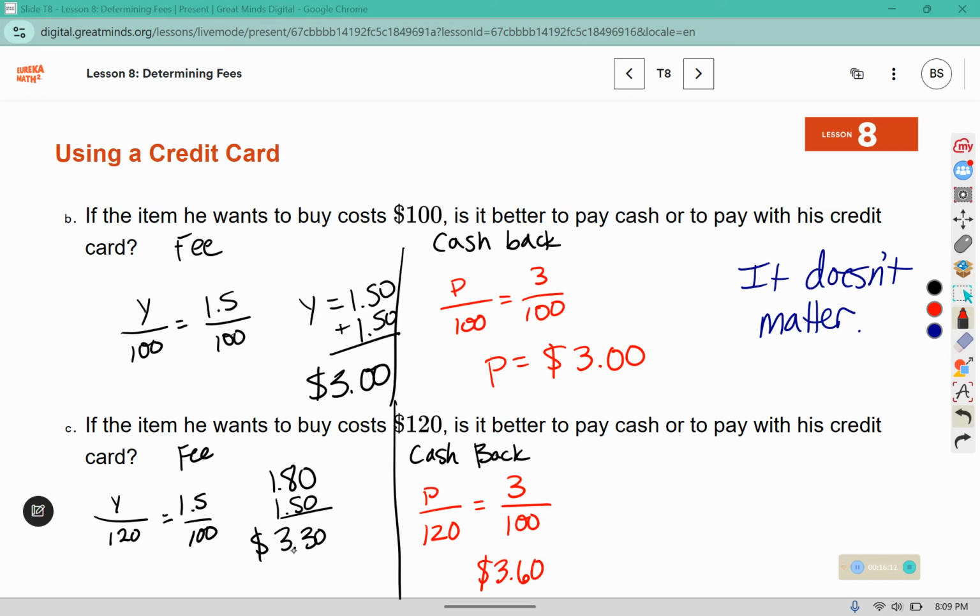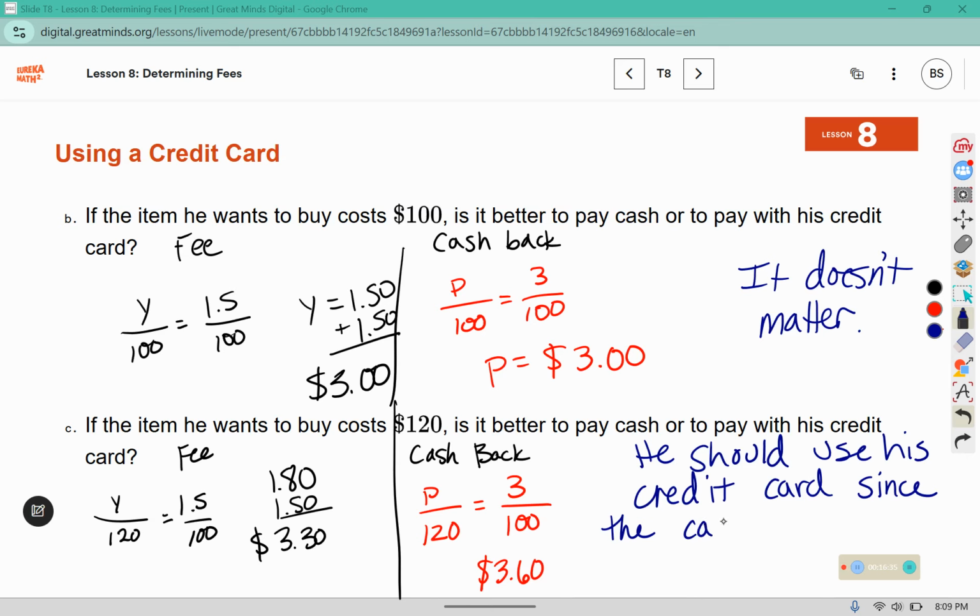So at this value, it would be better to use his credit card because he's going to earn more cash back than he is going to pay in fees. He should use his credit card since the cash back is greater than the fees.